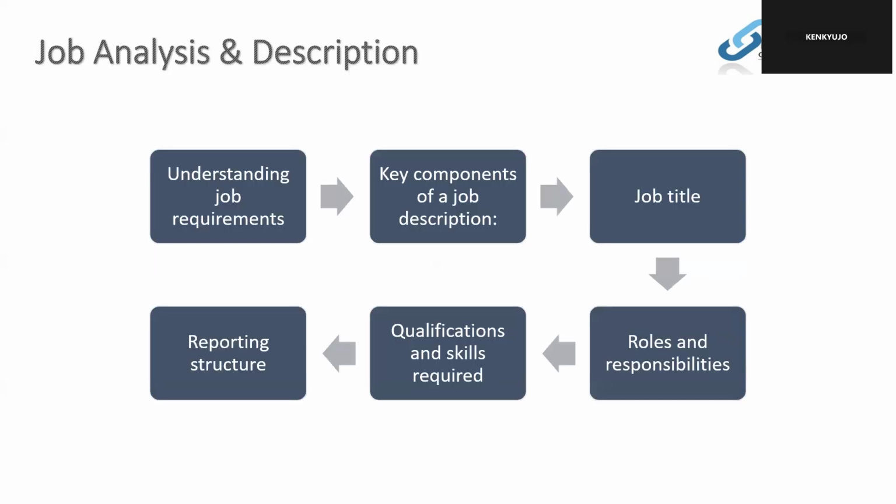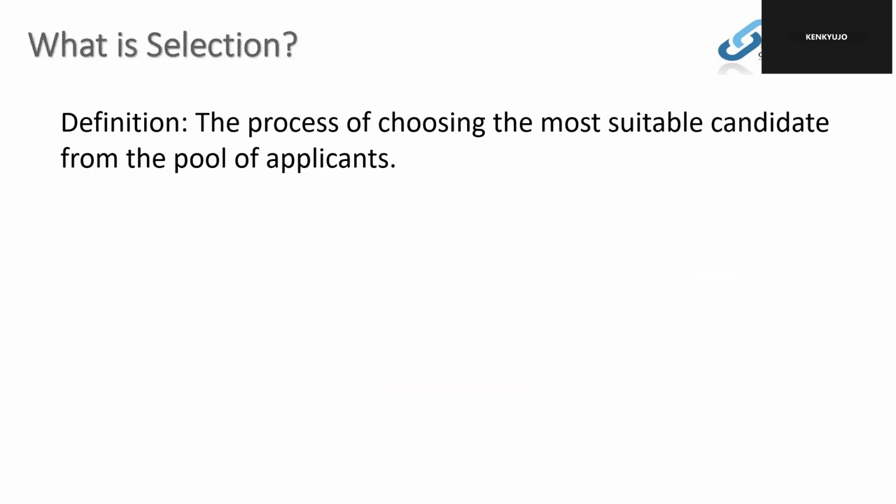Job analysis and the description. First, the organization wants to understand the job requirement. Based on that, the organization prepares the job description. The job description includes job title, roles and responsibilities, qualifications and skills required, and reporting structure also. Then selection.